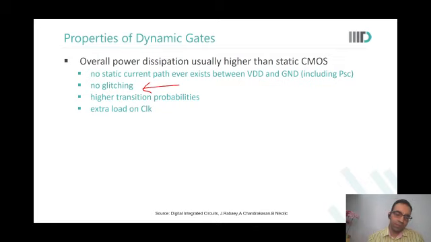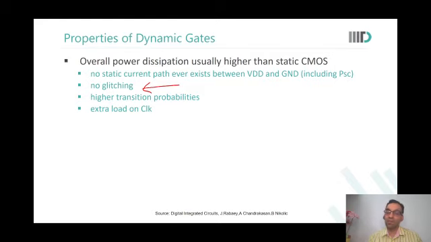Are you able to see this? In a static CMOS logic style, there is hardly any load on clock. Clock only goes to the flip-flops. Whereas over here, clock goes to every combinational gate. So the load on clock is very high. And we know that for clock, the activity factor alpha is equal to 1.